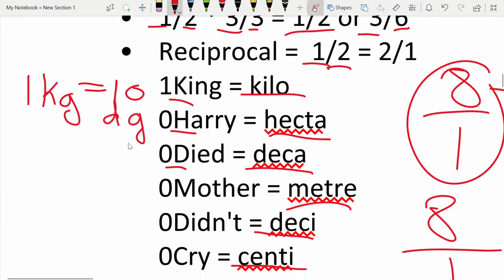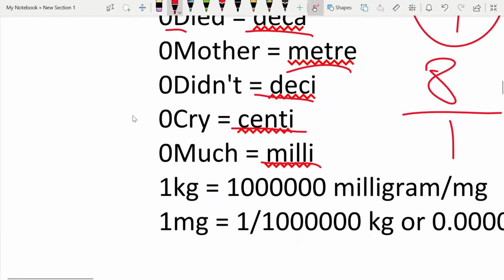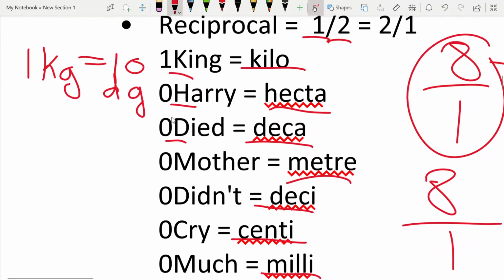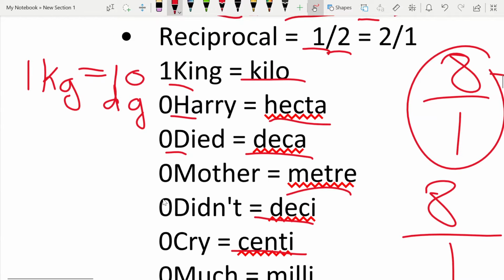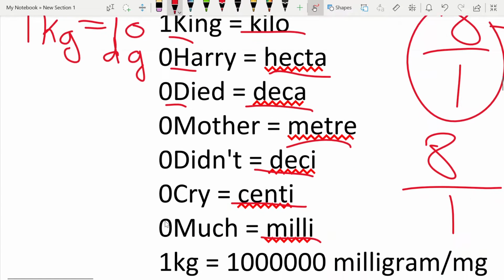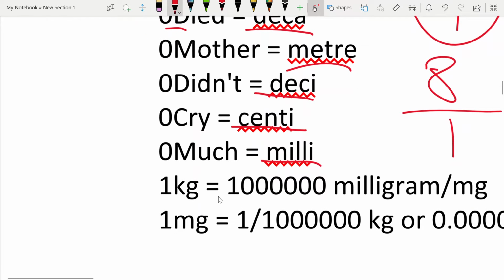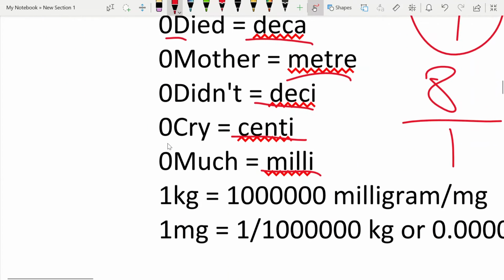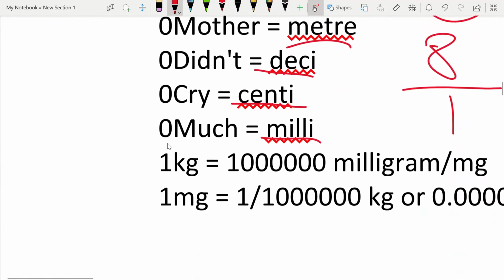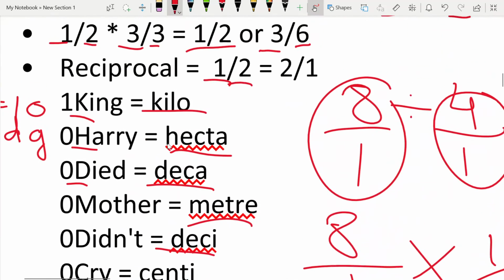So you can use that as that. So you can also use it as 1,000,000. I know you get this, right? So 1 kg is equal to 1 million milligrams, and you can just get that out with this little trick. Okay? Remember it, and it will be very useful.